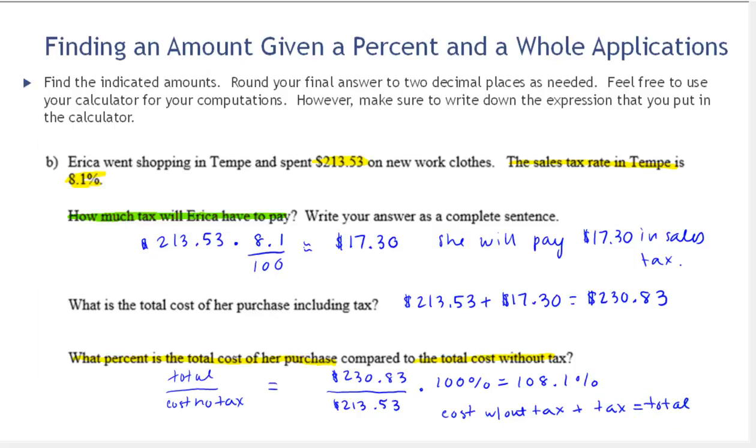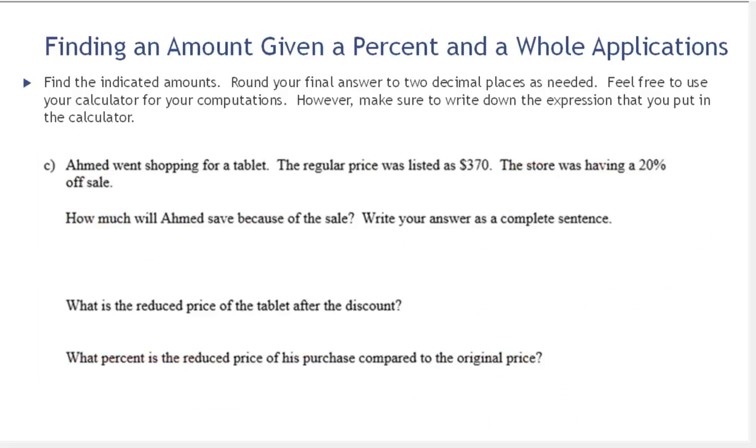And this applies as well to the percentages. So the cost without tax was 100%. The tax is 8.1% of the whole. So her total cost, adding these up, is 108.1%, just like we found here. Let's look at the last one.